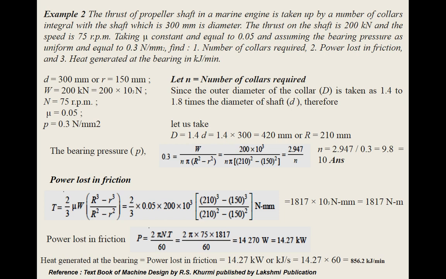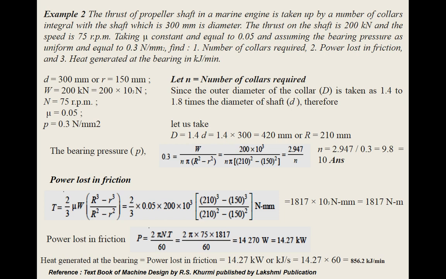Now the second step is to calculate the bearing pressure. By this equation you can find your first answer, the number of collars required. Let n be the number of collars required. In the equation of bearing pressure, small n comes in. So 0.3 is equal to W upon n pi (R square minus r square). If there is a single collar, then n is taken as 1. If there are a number of collars, then n may be some other value.